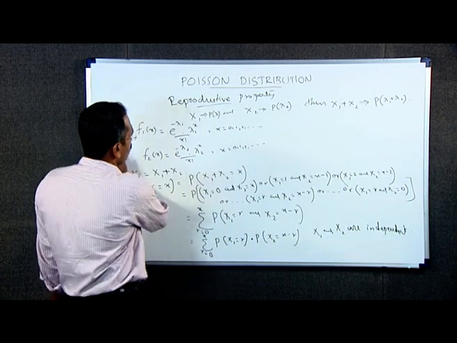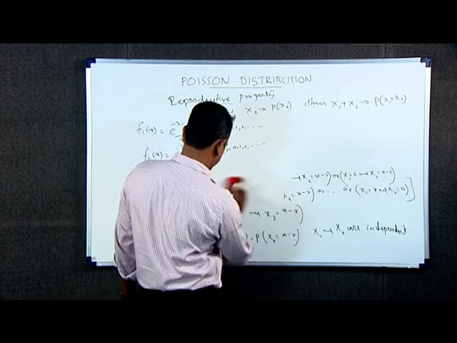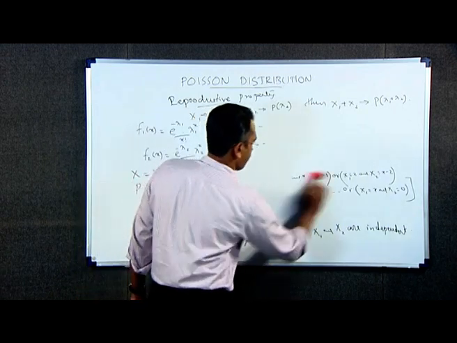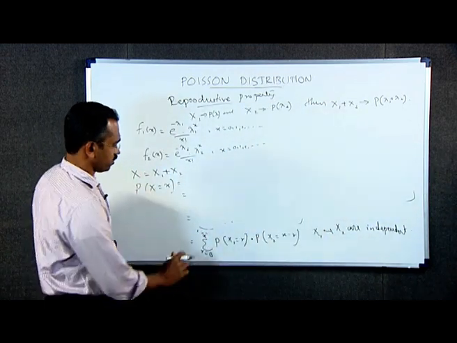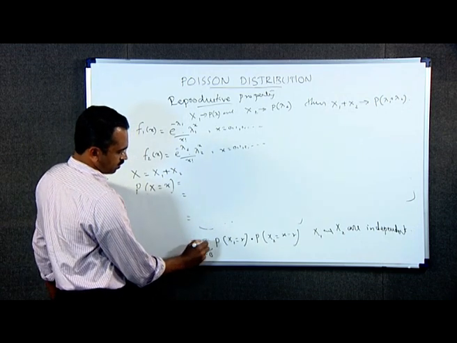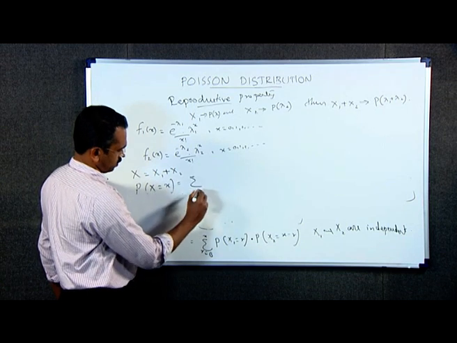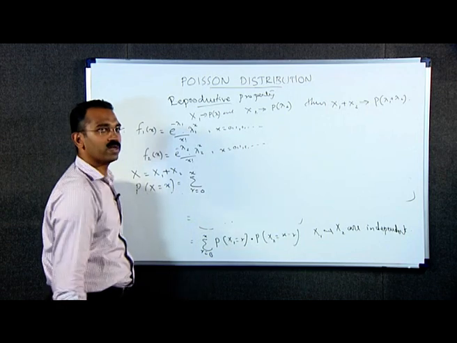This is equal to summation over r varies from 0 to x, probability of x1 equal to r.